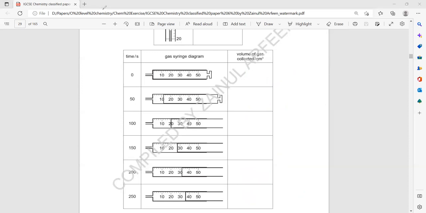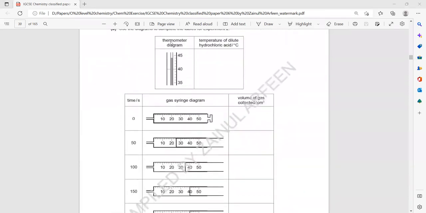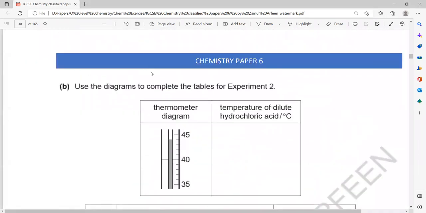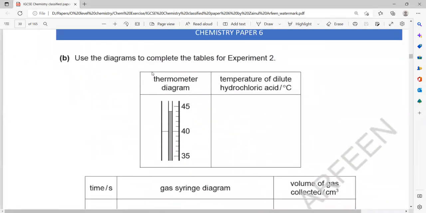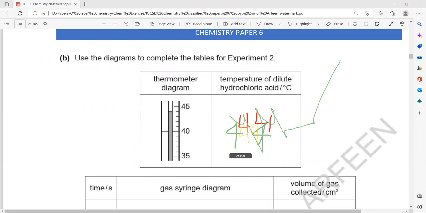The next one, first complete the temperature reading. What's the temperature reading for experiment 2? So that's 44. Then use screen annotation.